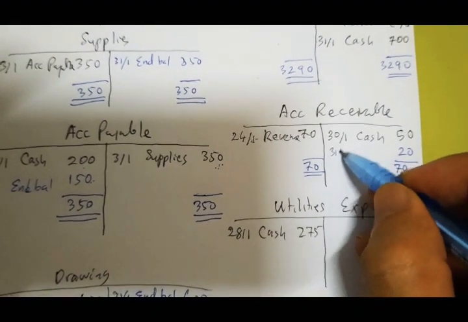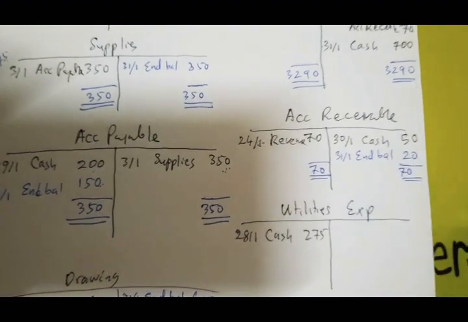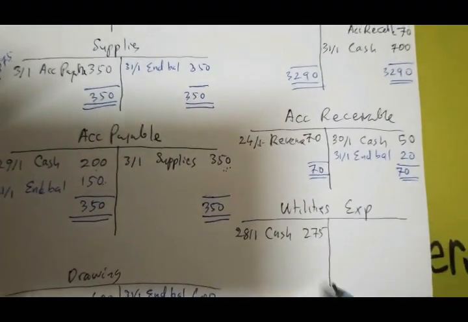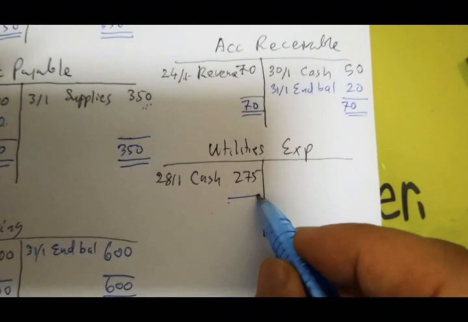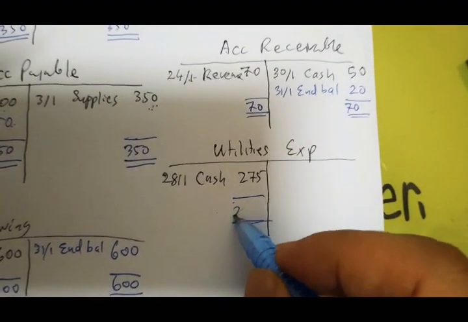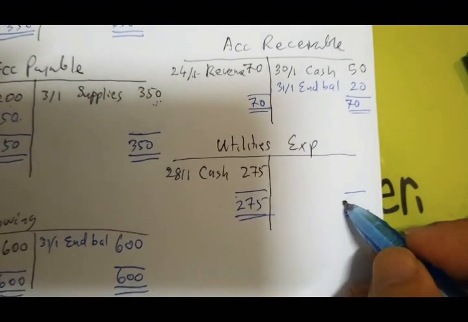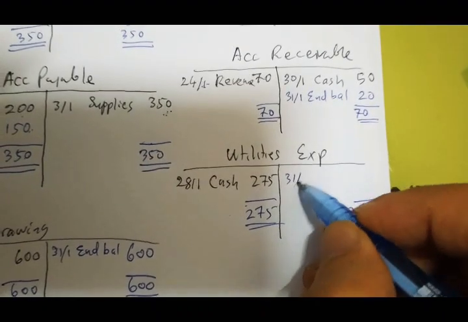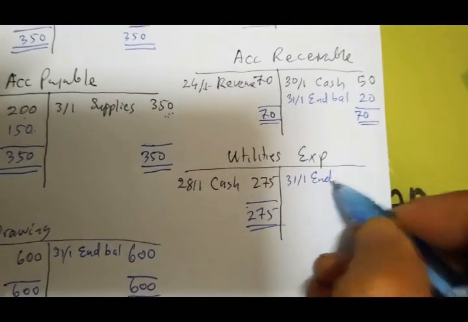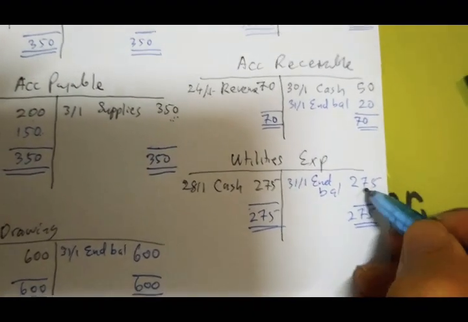The 20 is the ending balance of account receivable. Okay, now the last one is the utilities expense. There is only one number, 275. Here you have to make it also 275. So the difference is the ending balance. Ending balance is 275.